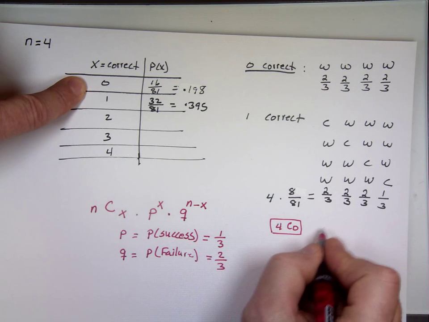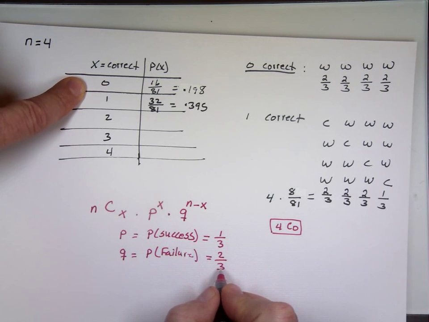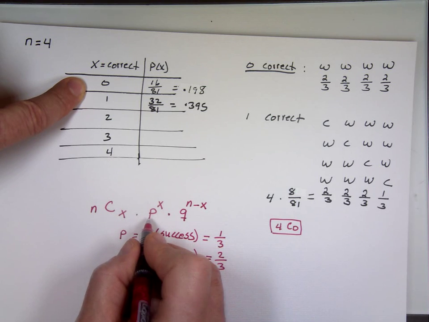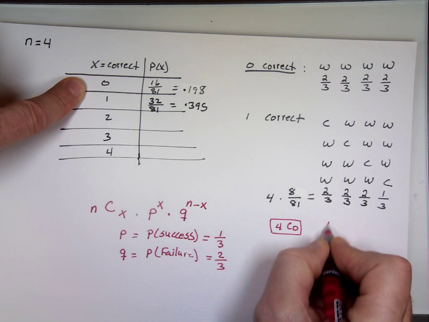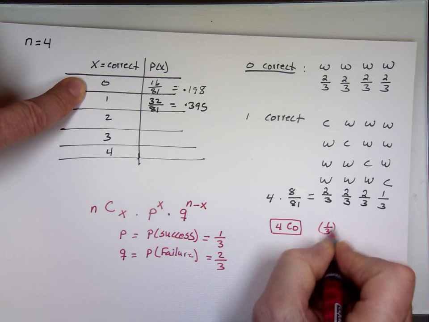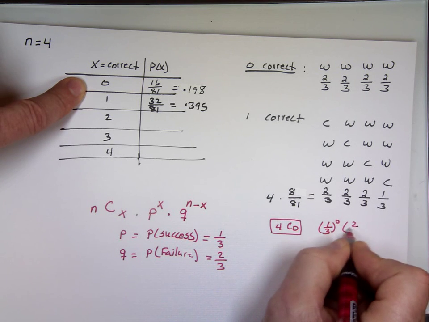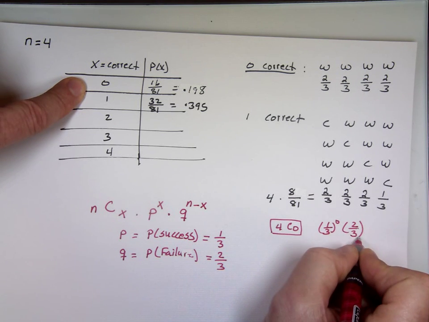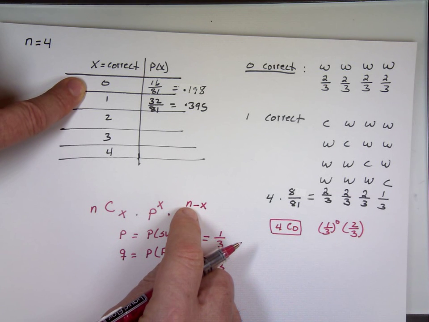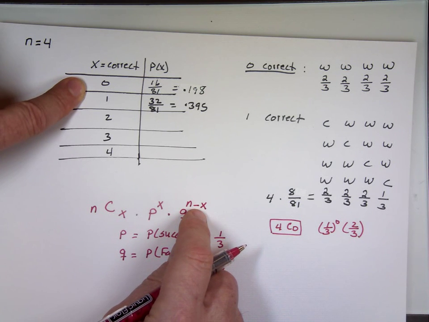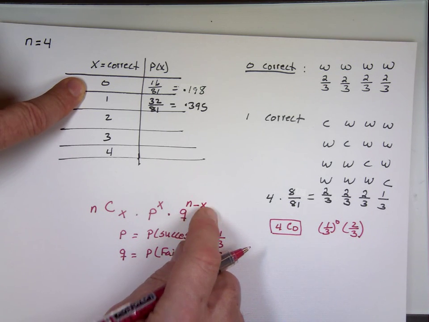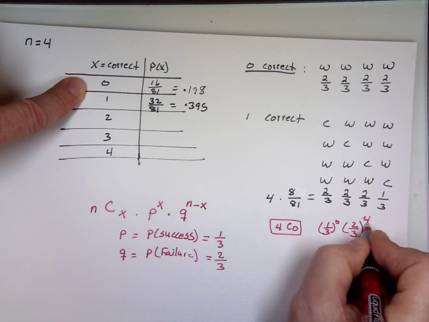We did 1/3, because p is success, to the power of 0, times 2/3 to what power? 4 minus 0, which is what? 4?